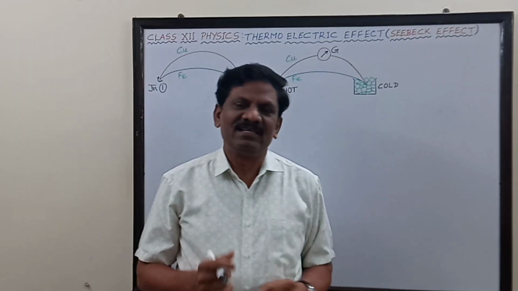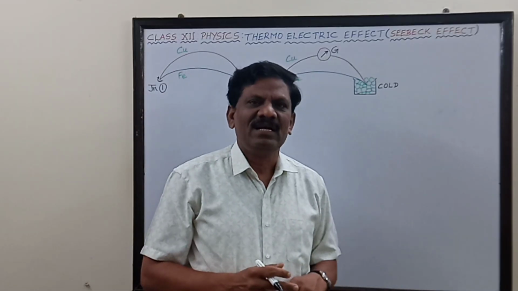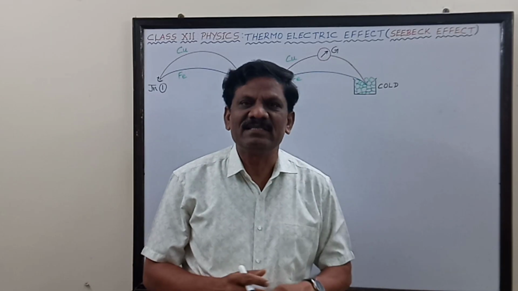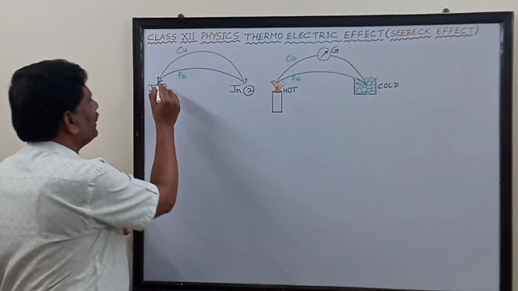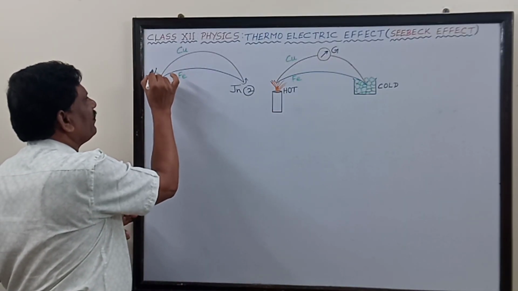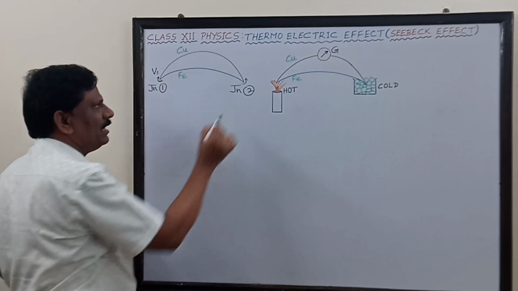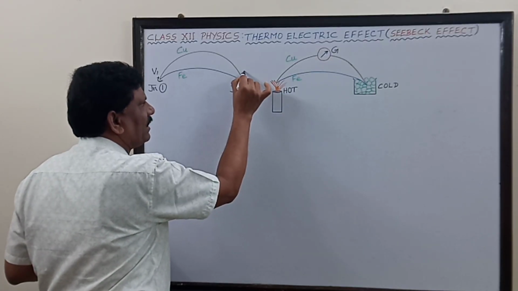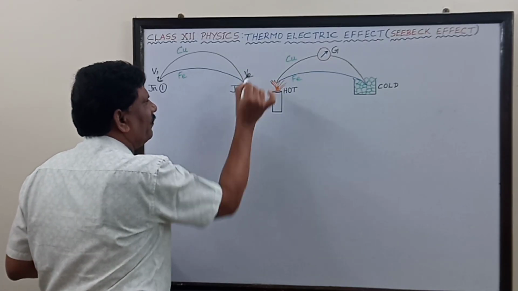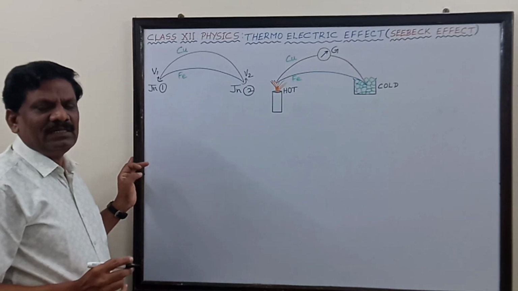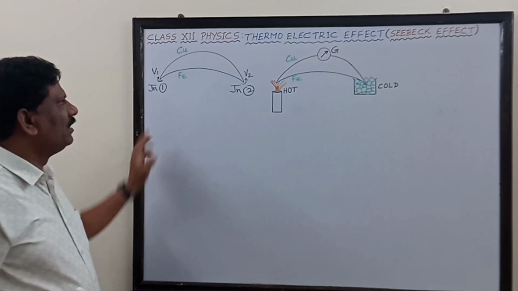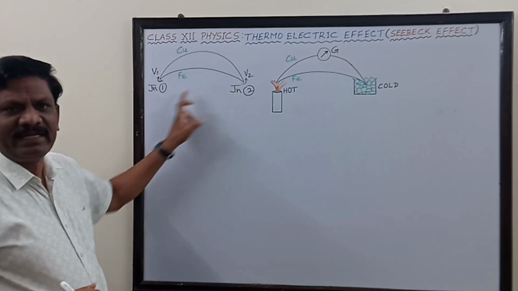As a result, across the two junction points, a potential difference will be created. The potential difference at junction 1 is V1 and across junction 2 is V2. These electrons will not travel throughout the entire loop.